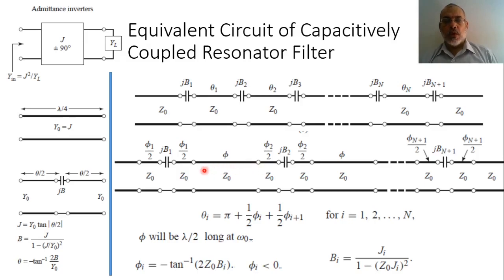Now, we can start with this new circuit such that we are going to replace every B with its combined transmission line section phi 1 or phi 2 by an equivalent admittance inverter.